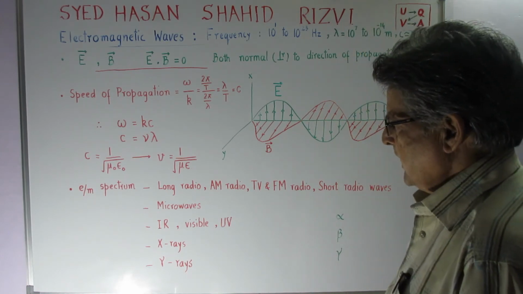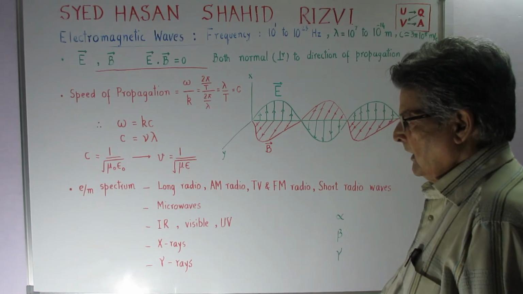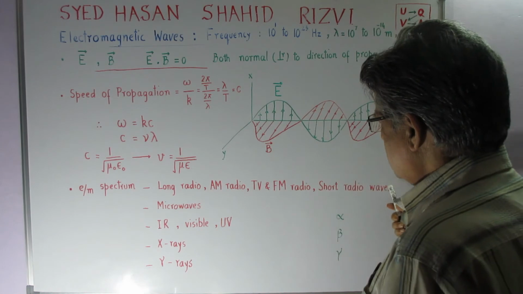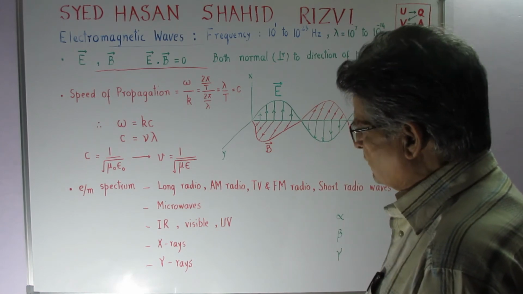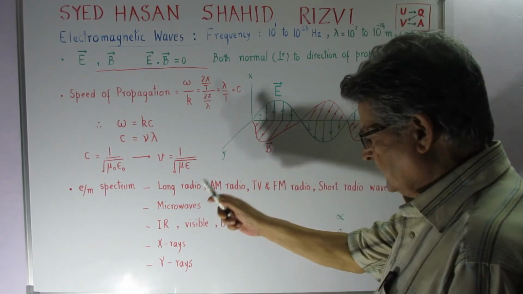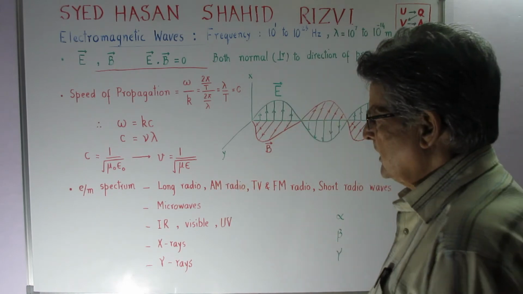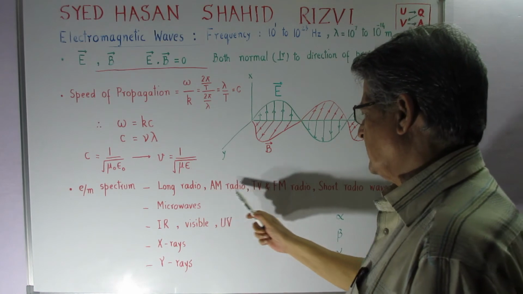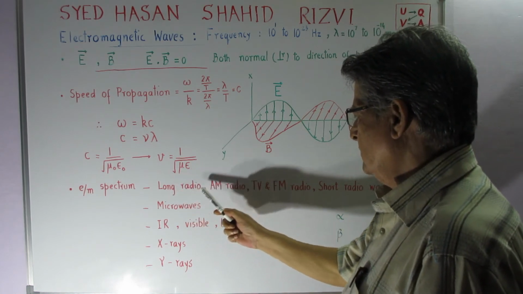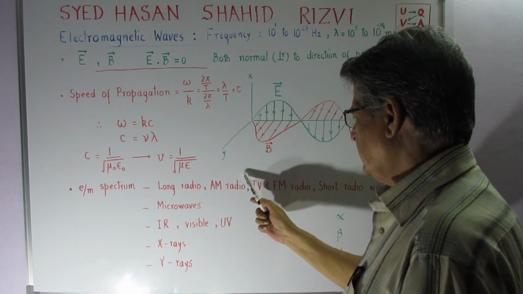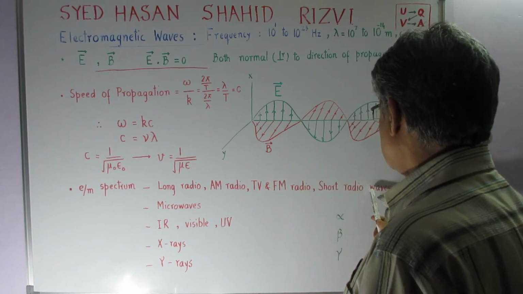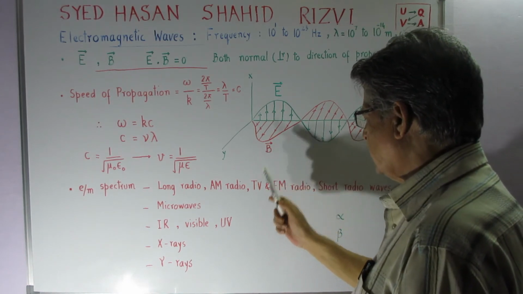If we go in the order of increasing frequency or decreasing wavelength, then we have in that order: long radio, amplitude modulation radio, TV and FM radio, and short radio waves. TV is also a kind of radio.